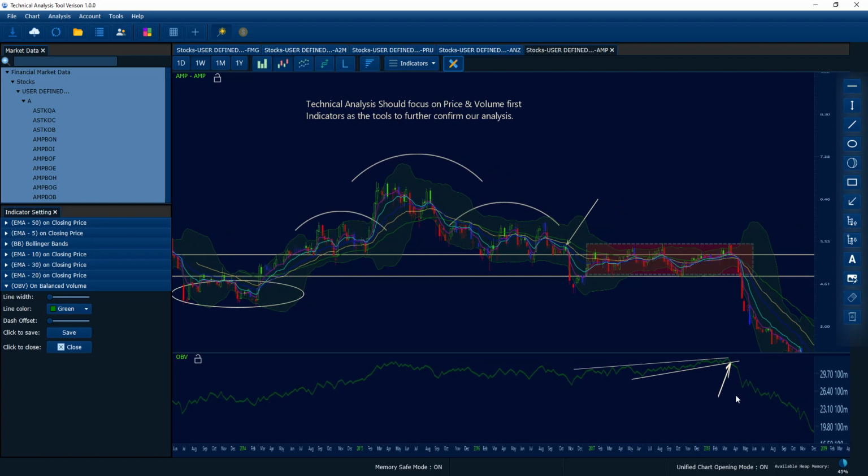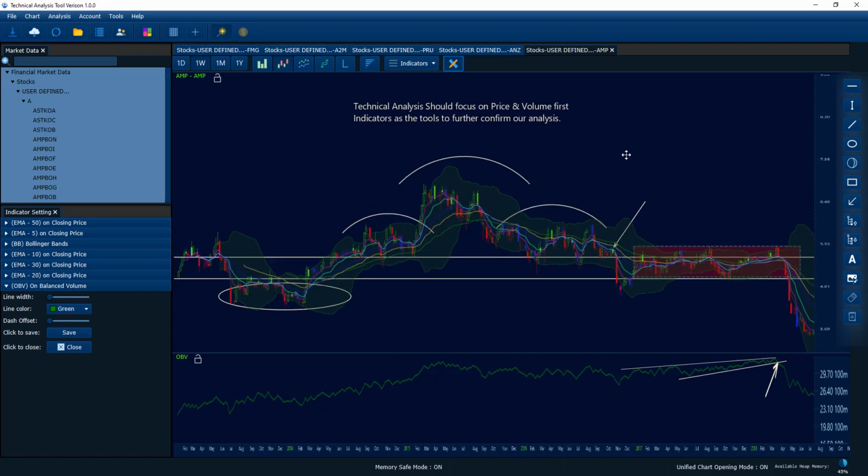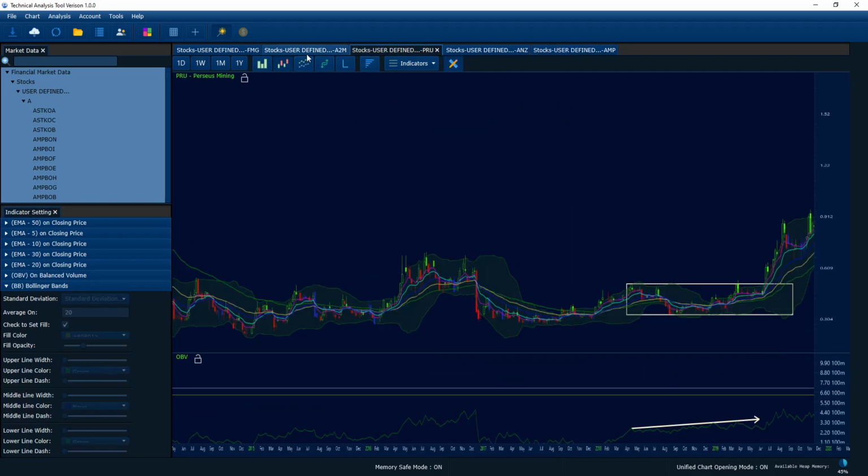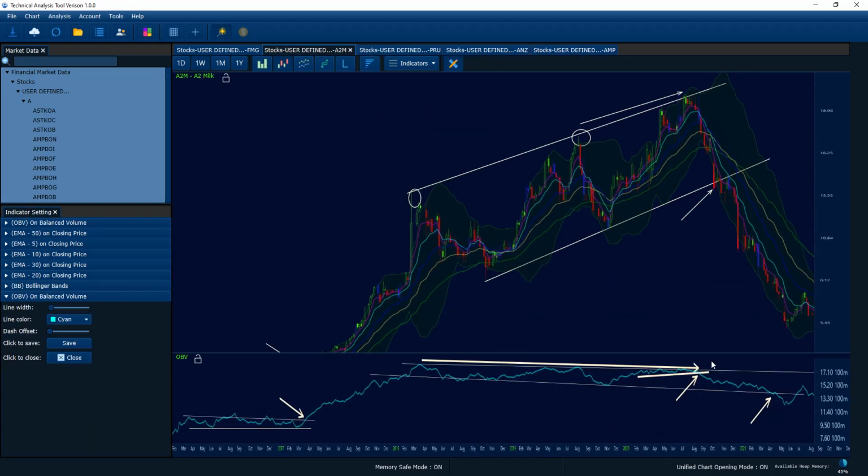So I think that's pretty much the contents of this tutorial. The takeaway is to use the divergence of the OBV with the price action. As you can see, it does give some pre-warning on the underlying securities in question.